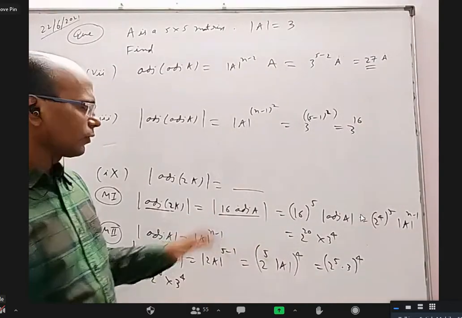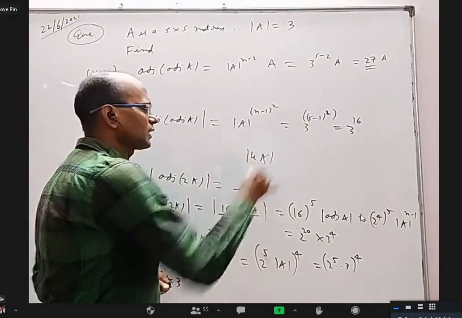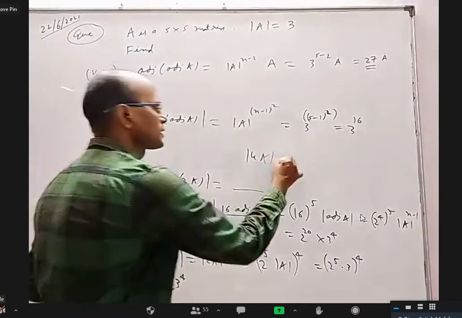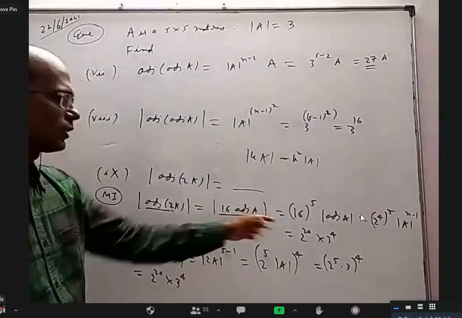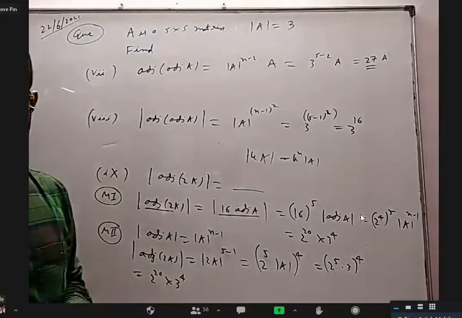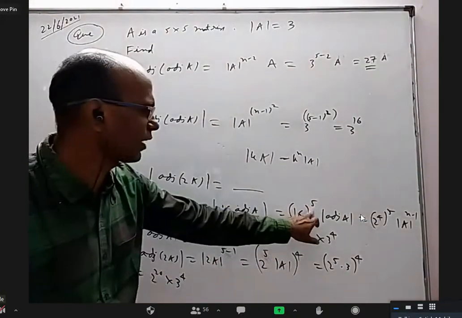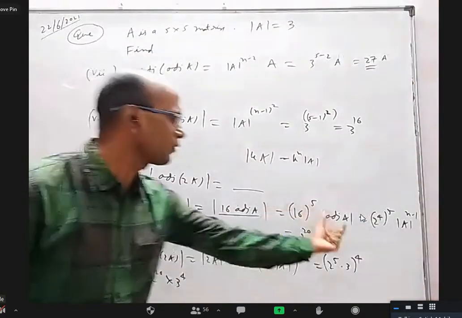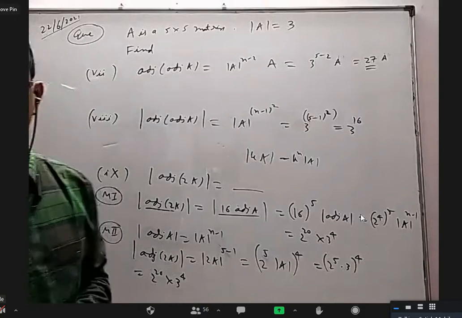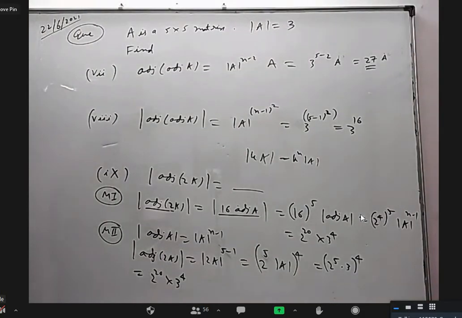Now whenever you have determinant of KA, it is K power n into det of A. If you want to take a number out of a det, it will come power n times. That's how this power 5 came, because this is a 5 by 5 matrix. And the det of adjoint A formula is det A power n minus 1.